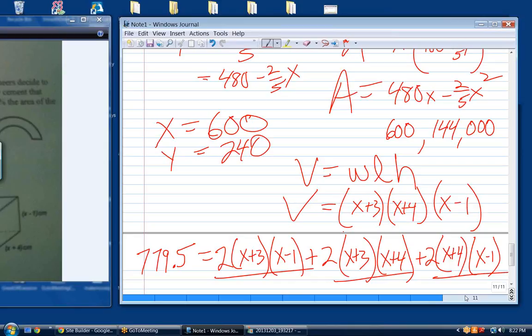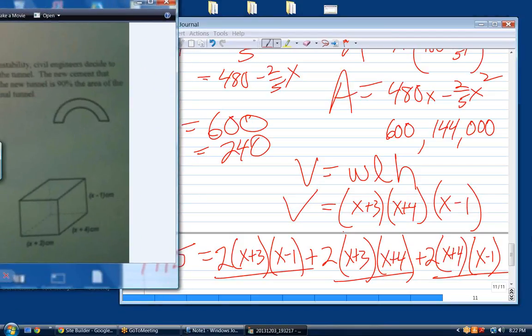So you want to find the zeros of this function. Now, you could probably type this in exactly as I show it here, couldn't you? 779.5 equals all of that? Yeah, that's what I did. It'll graph it and give you the zeros. So what do you get for the zeros for x?